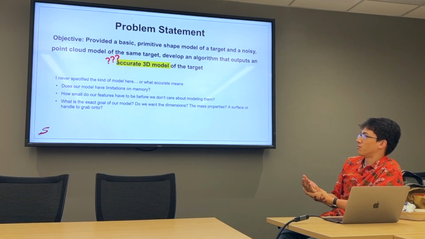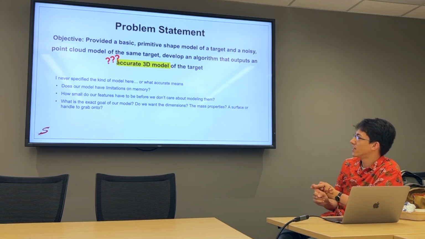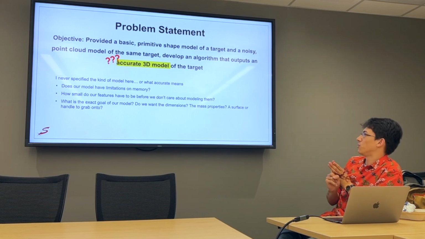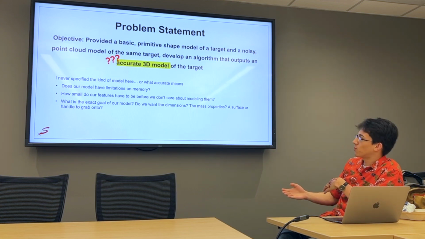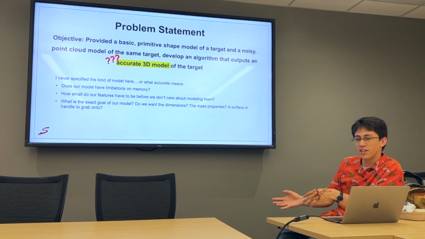What I probably should have done more is ask myself questions like these: does our model have limitations on memory? How small do our features have to be before we don't really care about modeling them? What is the goal of our model? Do we want the dimensions, the mass properties, or do we want to just find some kind of handle we can grab onto?